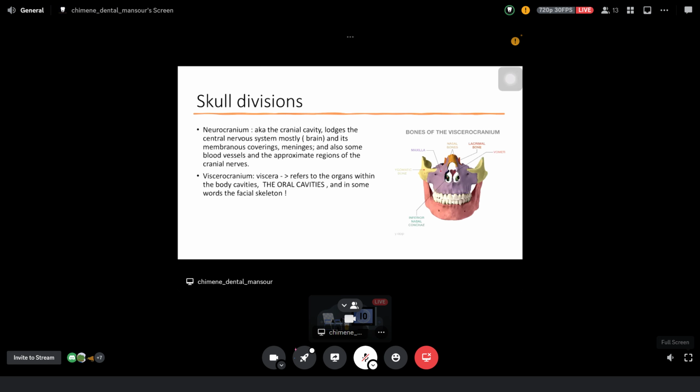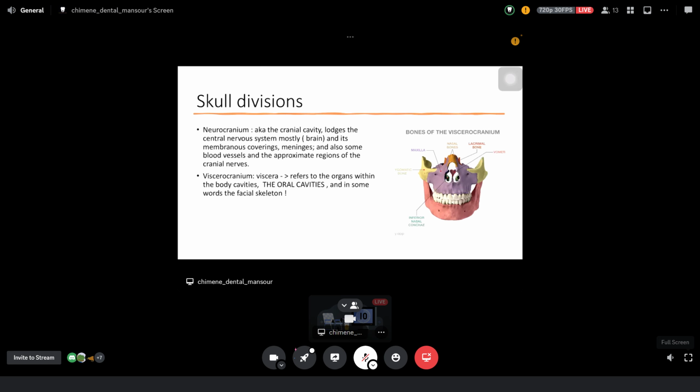Cranial nerve 6, the abducens, is a motor nerve, and it belongs to the muscle movements of the eyeball. Cranial nerve 7, the facial one. As the cranial nerve 5, the trigeminal, it is a mixed nerve also. So it means that it has a sensory innervation and also a motor innervation.